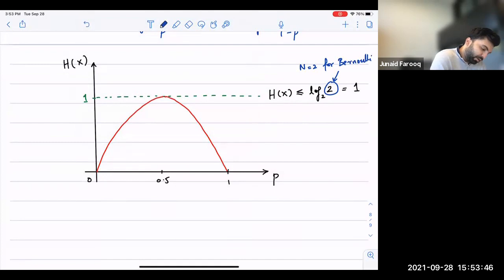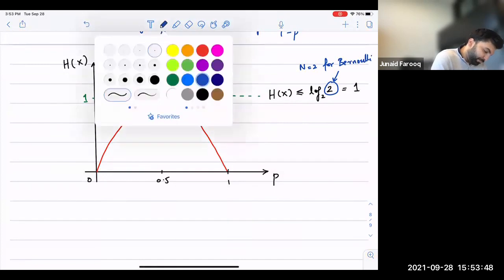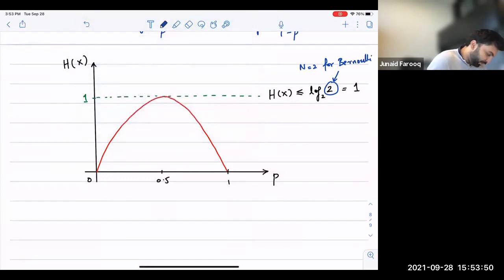Now, if you look at this graph here, an important observation is that this point here corresponds to a deterministic random variable, and this point here also corresponds to a deterministic random variable.